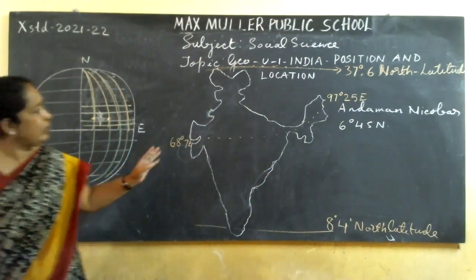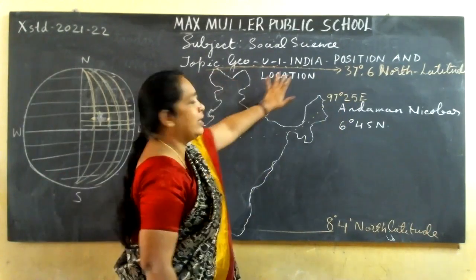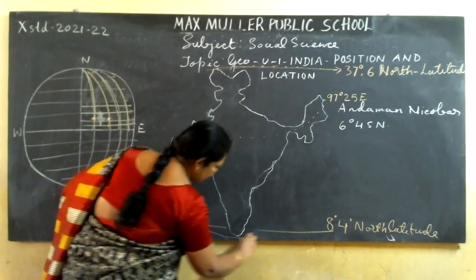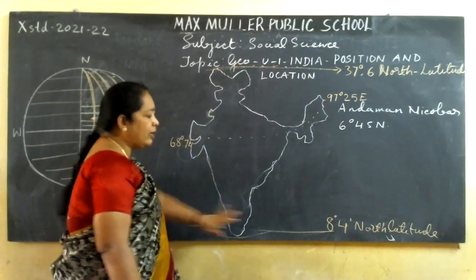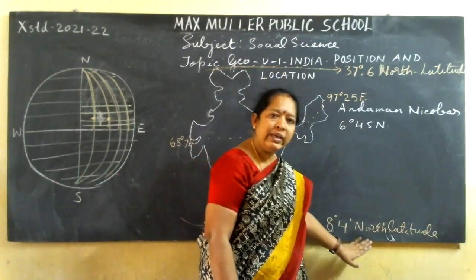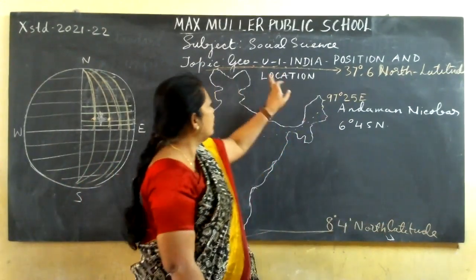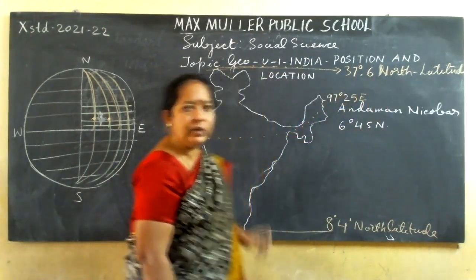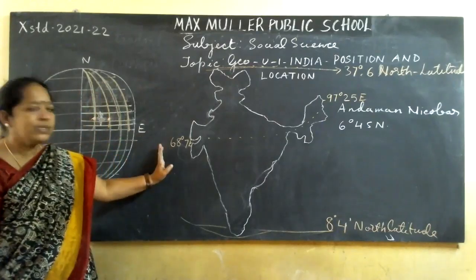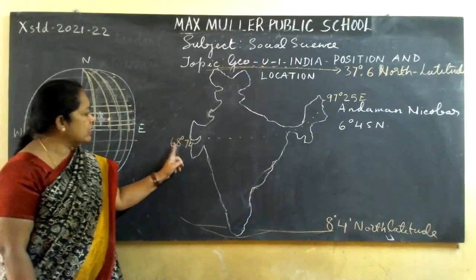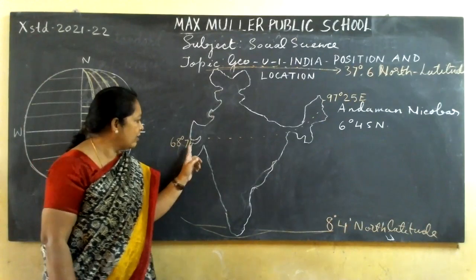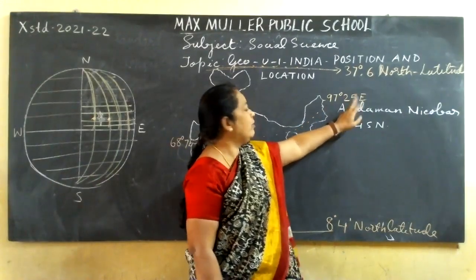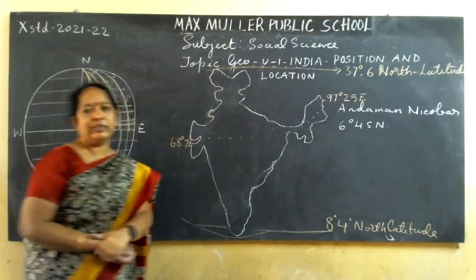Once again I am telling you, latitude wise, that is horizontal wise, from here, if you see this one, it is 8.4 degrees north latitude to 37°6' north latitude, and longitude wise it is from 68.7 degrees to 97°25' east longitude.